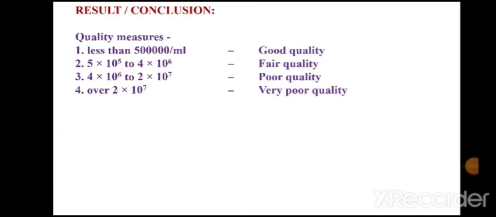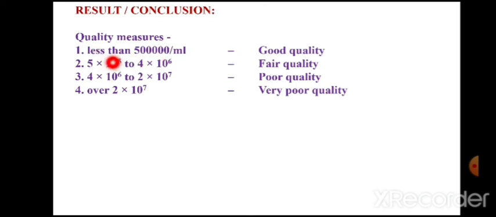In order to draw the conclusion, that will be your result, whatever the count is. For the conclusion, you need to know what the quality measures are, so what are the baseline counts.